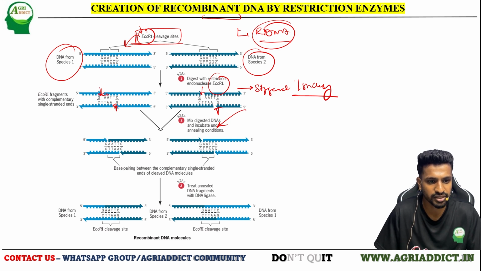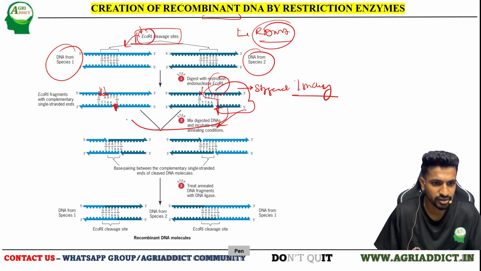That means the location of the cuts is different on both strands, because of which we get the sticky ends. Because of the production of these sticky ends, this particular strand can match with the strand of the different species.